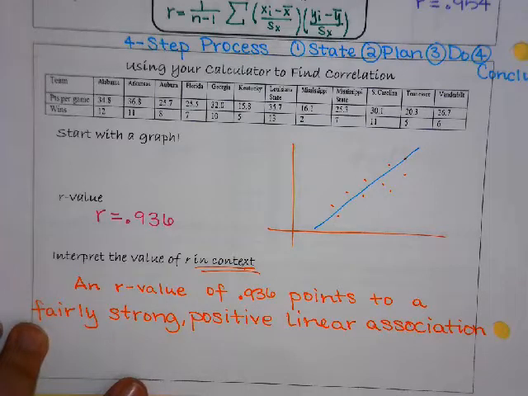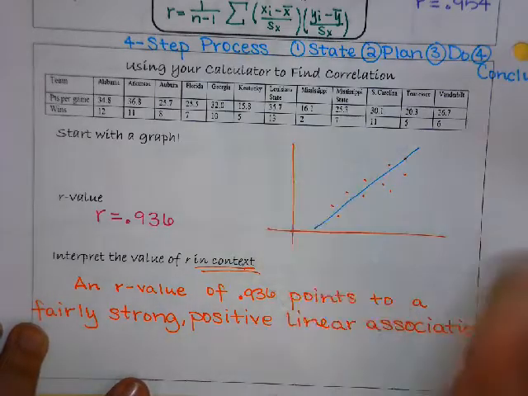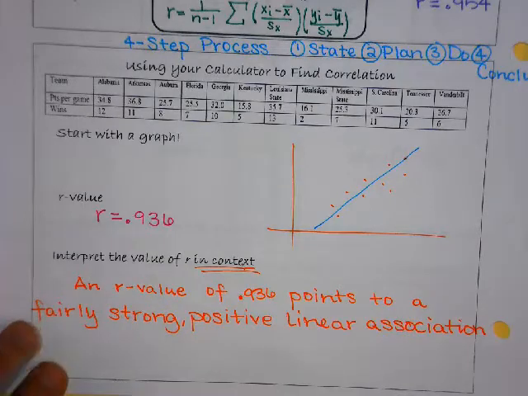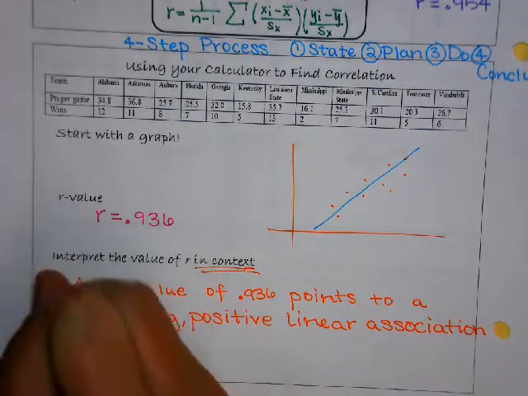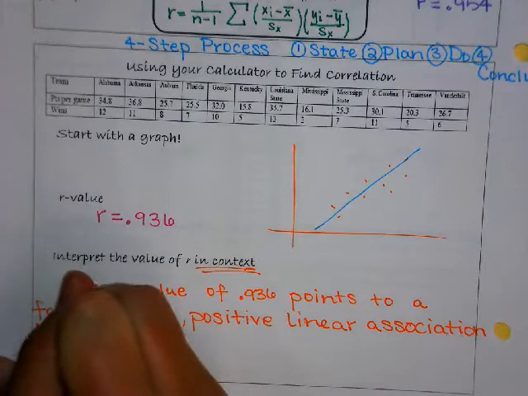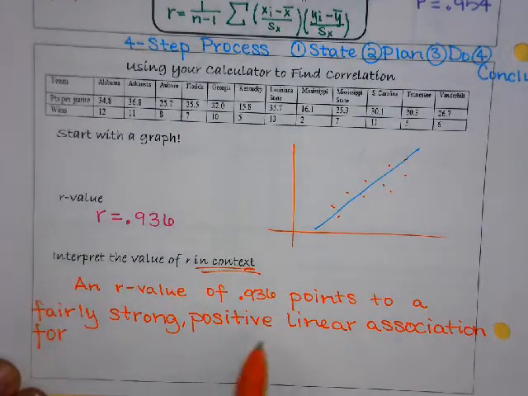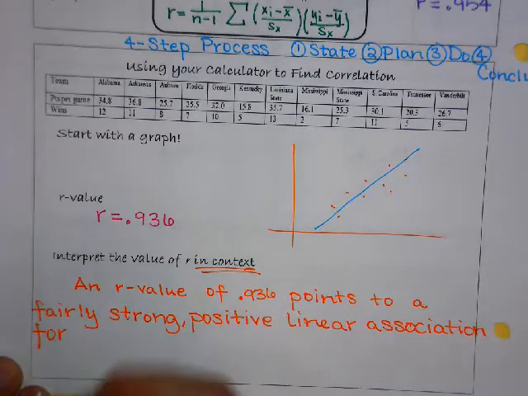So this is a fairly strong positive linear association, and this is where I put context, for points per game, because that was my X, and I'm going to abbreviate, and number of wins.